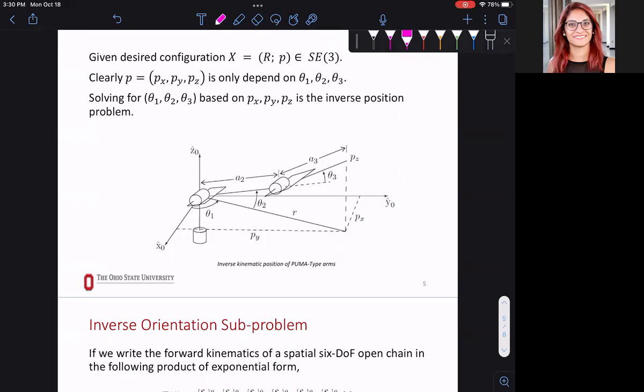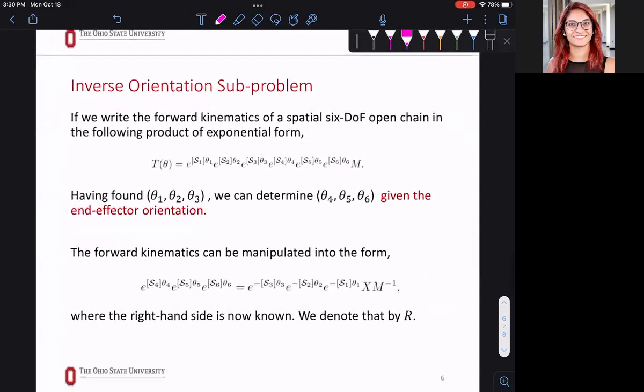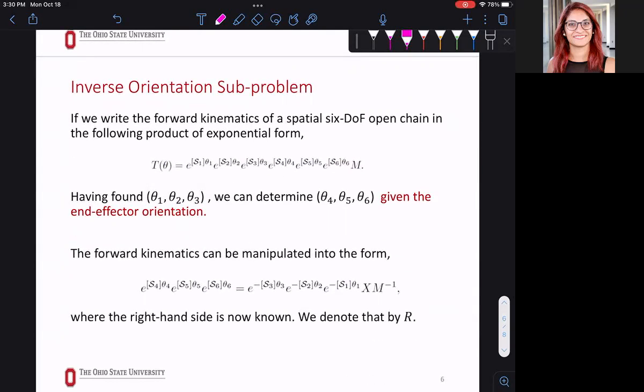So the first one is in the x0, y0 plane, then we move to the z0, y0 plane to find the other 2. Make sense? So that will be your 3 thetas. The details are in your book. I would just be showing you the same equations, and we wouldn't have time to go through them, but make sure to review those. Once you have that, you will go about solving the orientation problem.